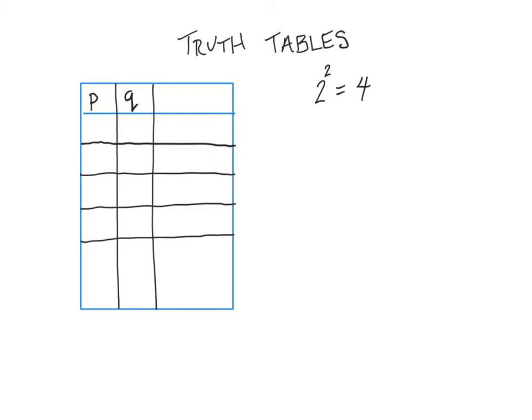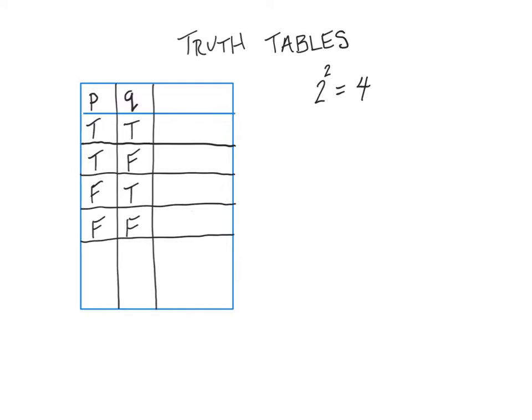Just like when we did the zeros and the ones, we're going to start out assuming P can be true in 2 scenarios and false in 2 scenarios. And of course, Q could also be true or false in 2 different scenarios. We want to make sure we consider all the possibilities. So I'm going to start with a true with Q, but then I'm going to alternate back and forth, just like we did with the ones and the zeros.